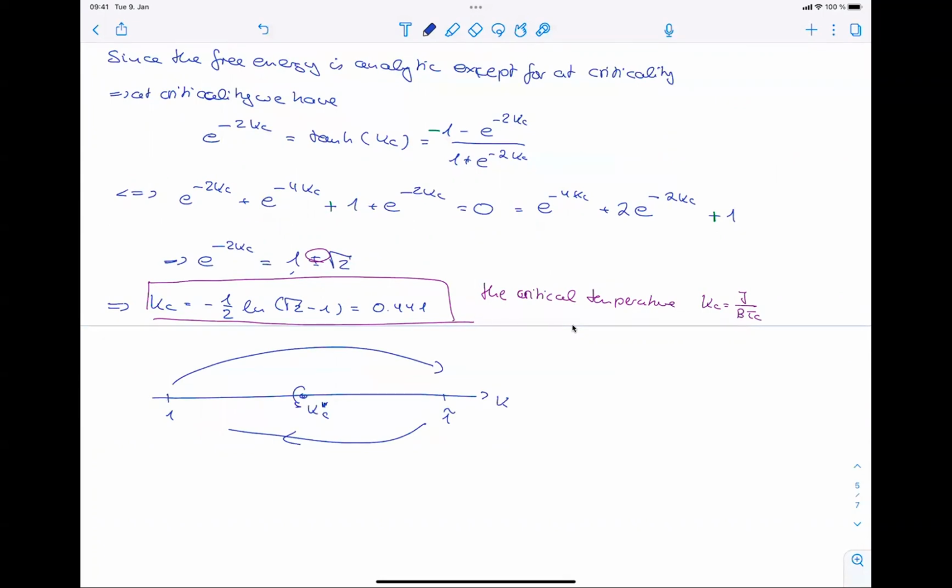And so by knowing the mapping, we can actually find the critical temperature, and it's really in agreement with numerical simulations. The downside is, however, we only have the temperature. We have no scaling relationships. We have no critical exponents.